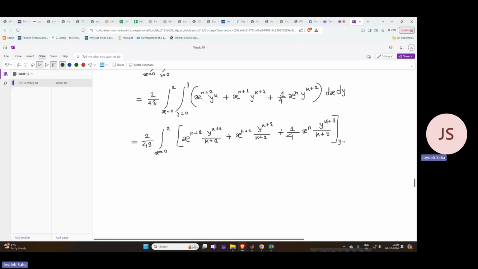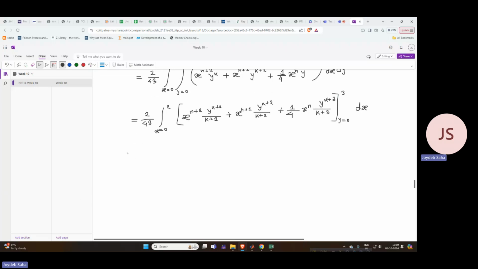This is y equal to 0 to 3 dx. Fine. So let us put the value and then we will integrate with respect to x. This is 2 upon 43, x is equal to 0 to 2.